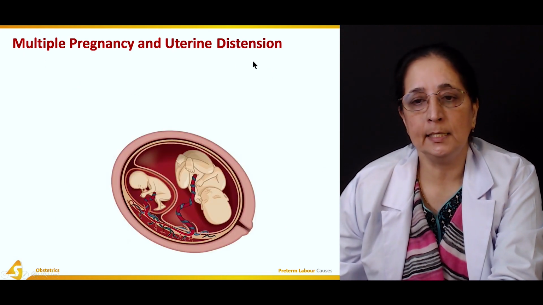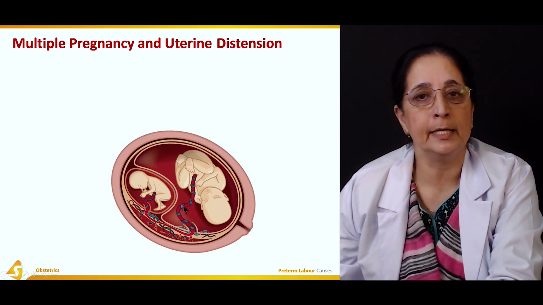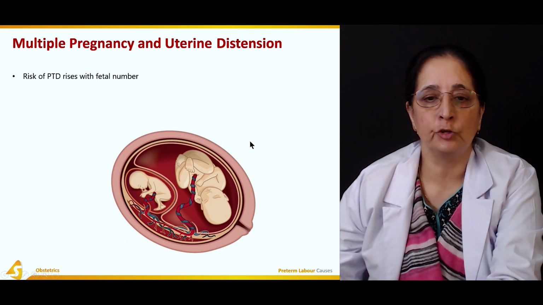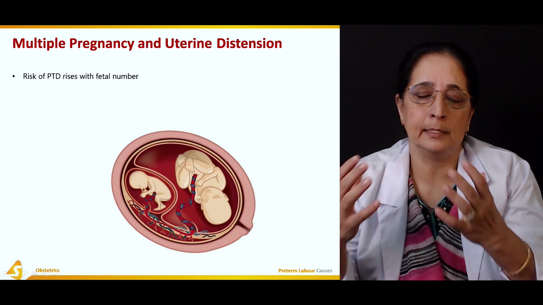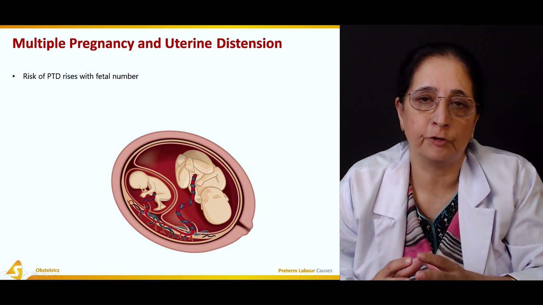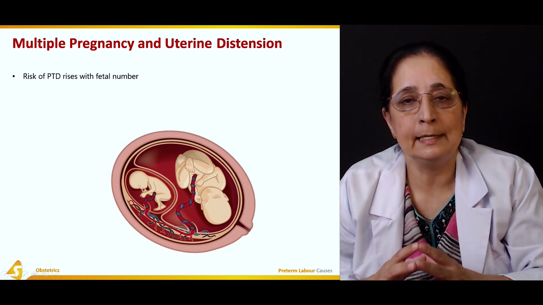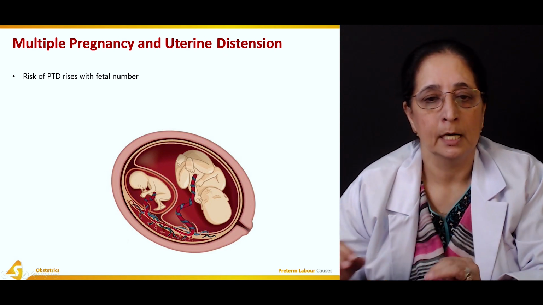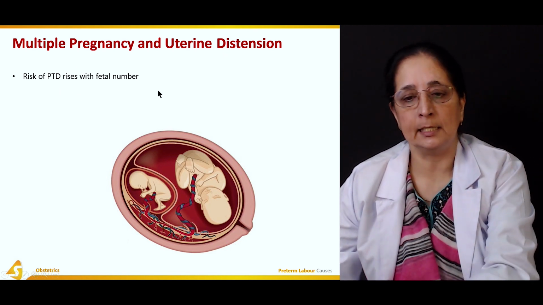Multiple pregnancy and uterine distension. If we have multiple pregnancy, this can lead to distension of the uterus, and as a result of increased pressure on the different structures, cervix, membranes, this can lead to premature or preterm labor onset. So the risk of preterm delivery rises with the fetal number.